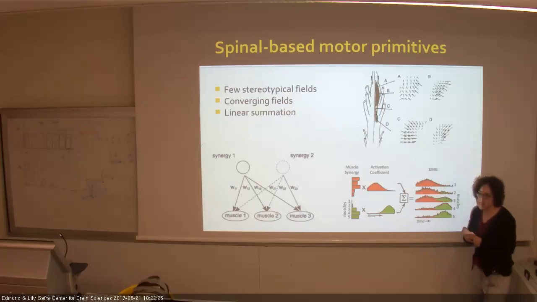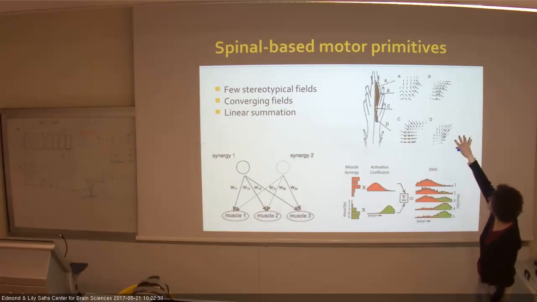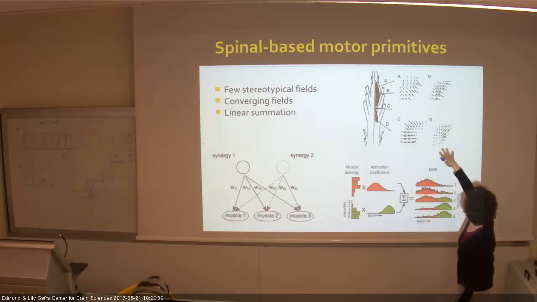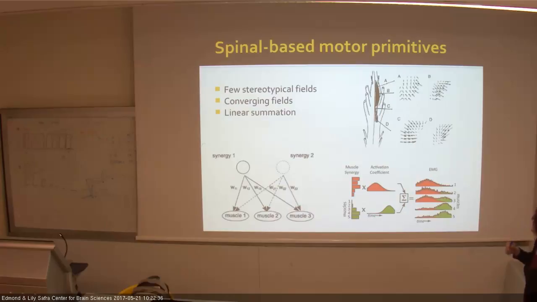And they found that there were not a lot, there were few stereotypical fields. So A, B, C, and D were the types of fields that were obtained. That was one thing. But what was more interesting, if you stimulate at two different points, the field that you get is a linear summation of the two singular fields.